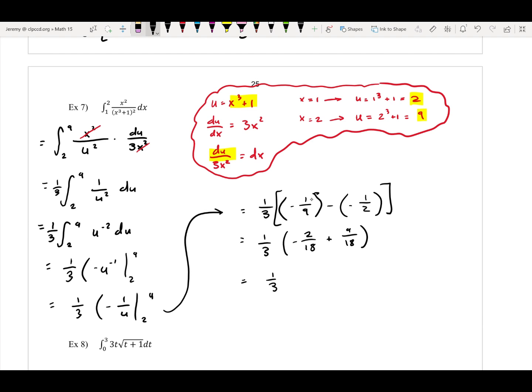I'll get 1/3 times 7 over 18, and that just simplifies to 7 over 54. That's as simplified as that gets. I'm just going to box that up. That'll be my answer.